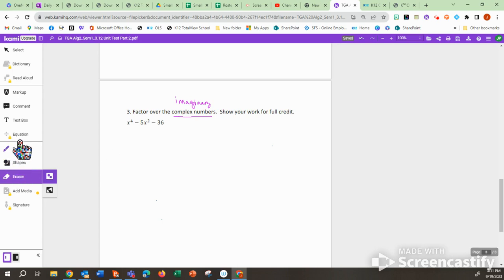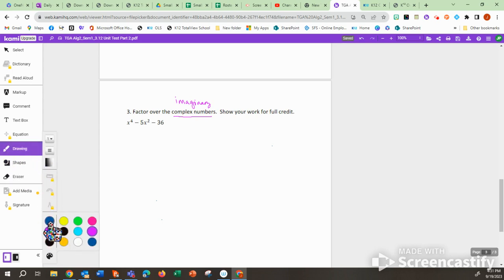I did make up an example for number 3, and I have it written down. It is x to the 4th minus 7x squared minus 144.